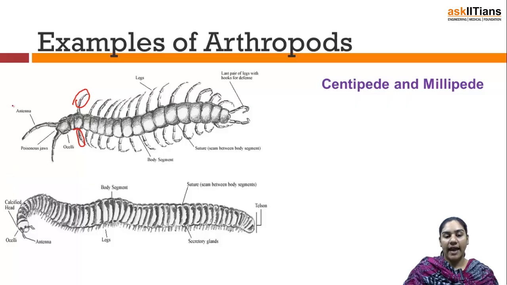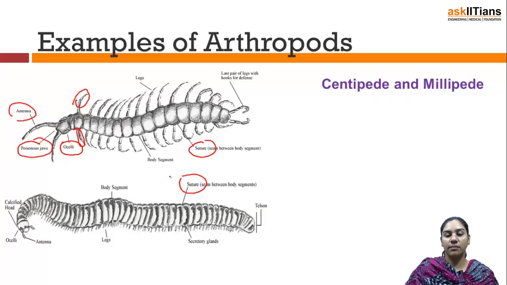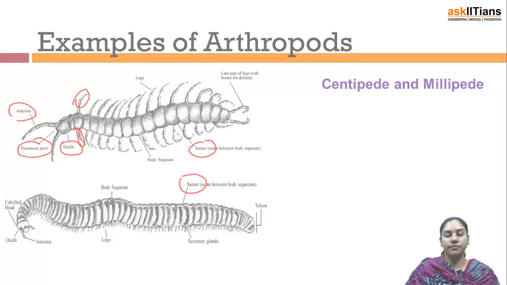There are antennae, poisonous jaws, and ocelli also. So these are sense organs. You can also see a suture both in the centipede and the millipede, present on the cuticle. During ecdysis or molting, the animal emerges from the suture only.